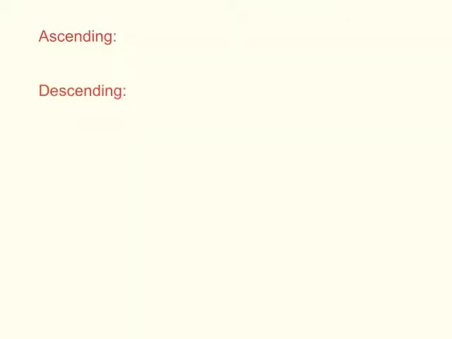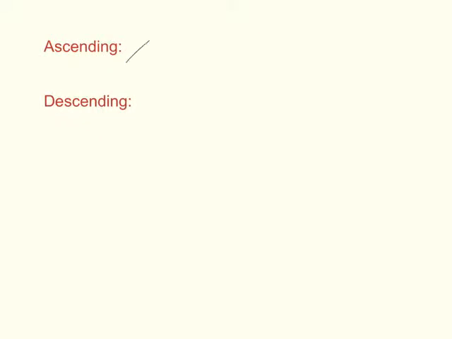When we're talking about ordering numbers, there's a couple of vocabulary words we need to know. Ascending means we are going up, and this goes from least to greatest.